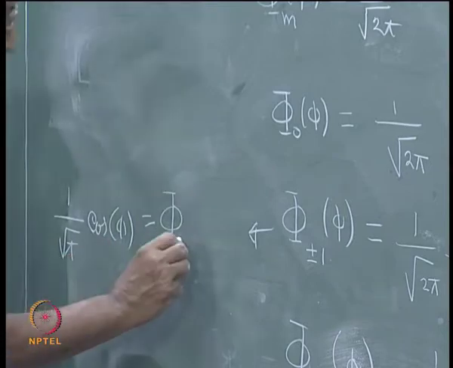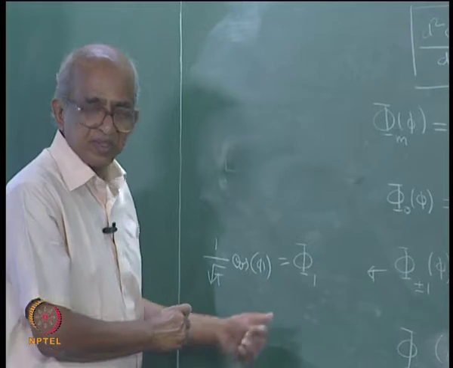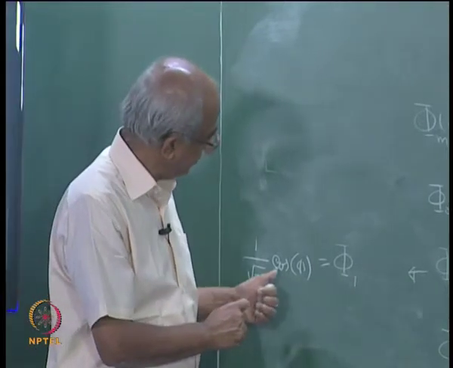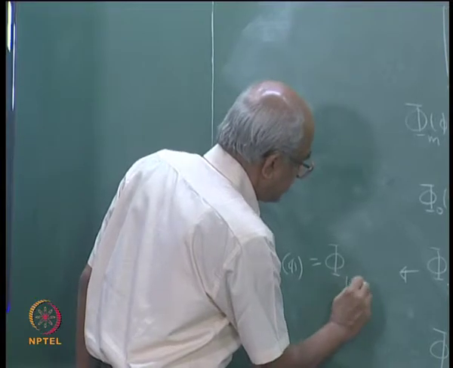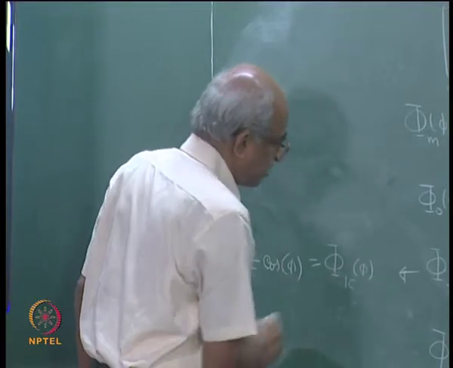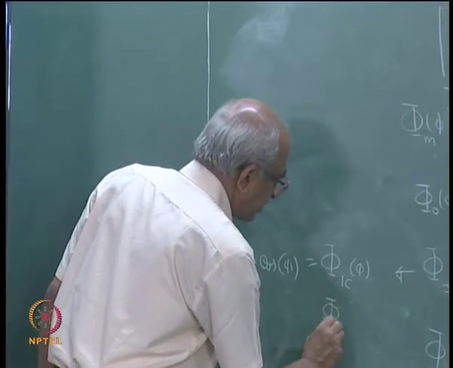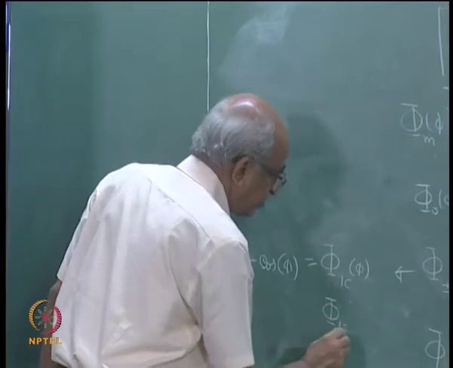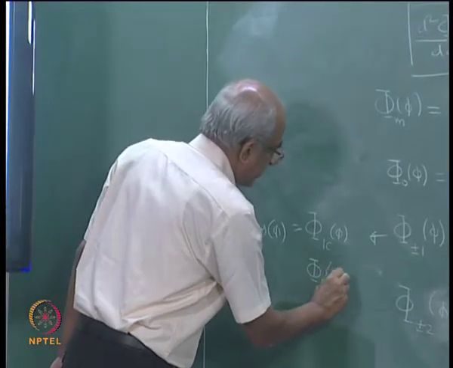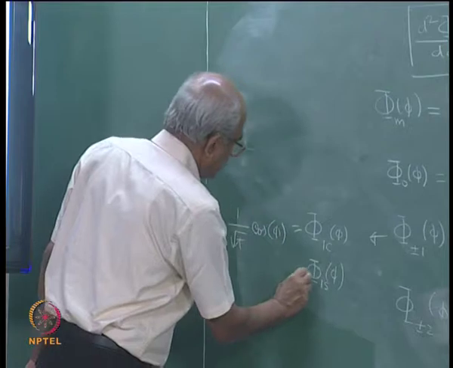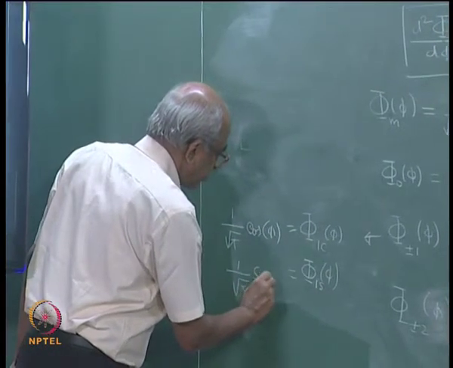So I will have 1 as a subscript, and I have chosen a cosine function, so I will put a subscript c and say that this is one possible solution, while the other possible solution is phi 1 s. Why do I put s there? Because I am choosing the sine. So phi 1 s of phi will be equal to 1 by square root of pi into sin phi.